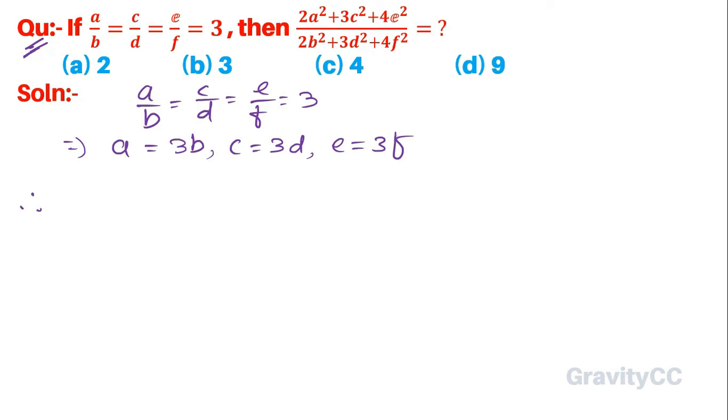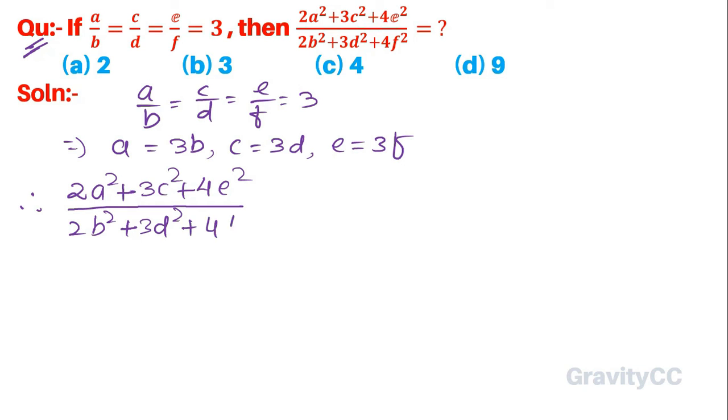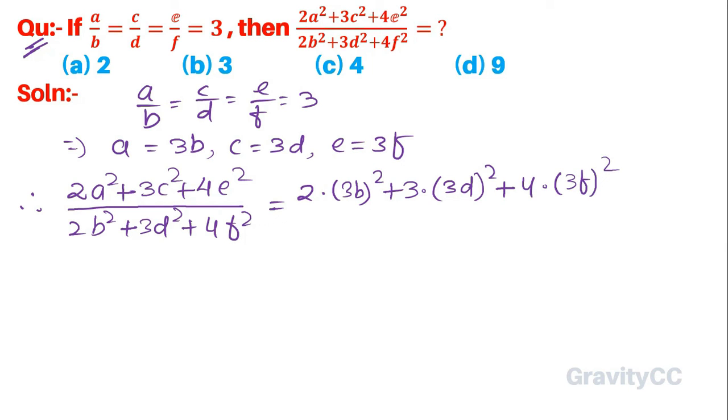So therefore 2a square plus 3c square plus 4e square upon 2b square plus 3d square plus 4f square is equal to 2 into 3b whole square plus 3 into 3d whole square plus 4 into 3f whole square upon 2b square plus 3d square plus 4f square.